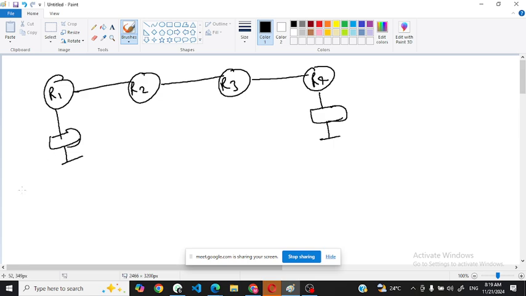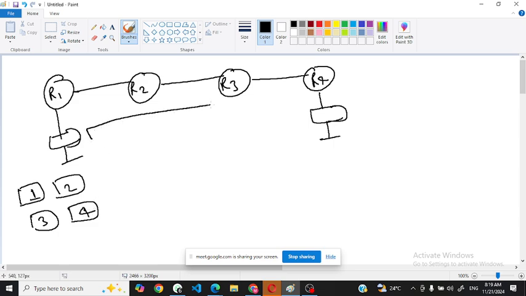You are sending, suppose, four fragments: Fragment 1, 2, 3, 4, from PC1 to PC2.